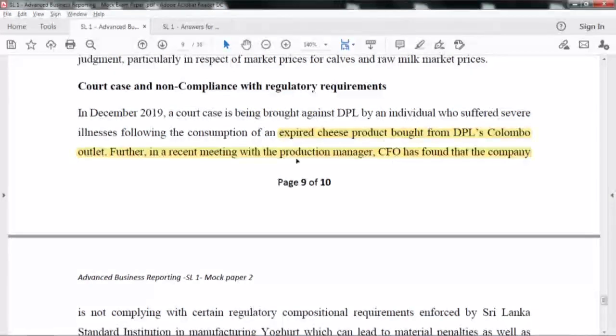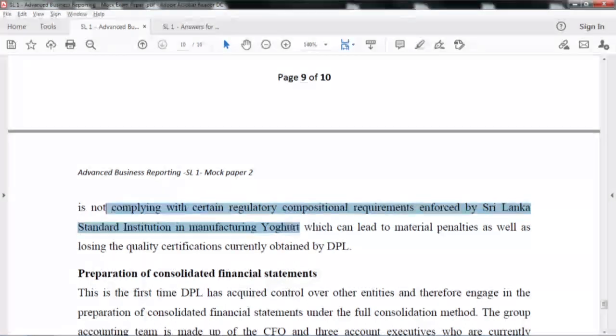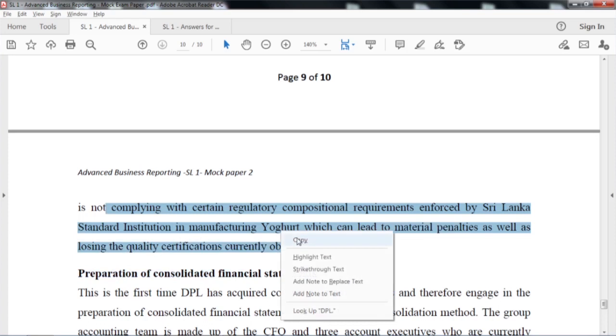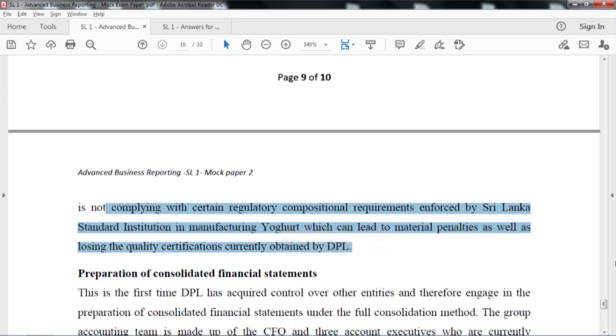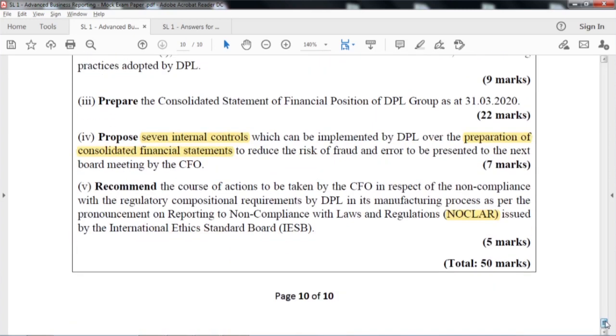But here there is an additional recent meeting with the production manager. The CFO has found that the company is not complying with certain regulations enforced by the Sri Lanka Standards Institute regarding manufacturing yogurt, which can lead to material penalties as well as losing the quality certification currently obtained by DPL. Very clearly, this connects to NOCLA, because there is one question that deals with NOCLA.